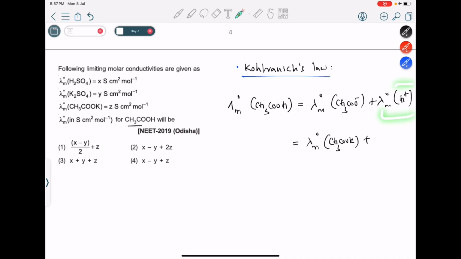Then our H plus ion is present in H2SO4. But the problem here is that to make CH3COOH, I need only one H plus, but in H2SO4 there are two H plus ions. So what do I do? I take half of the required amount. So it will be half of lambda m naught of H2SO4.